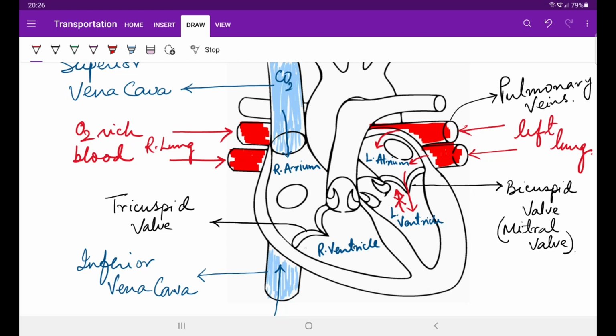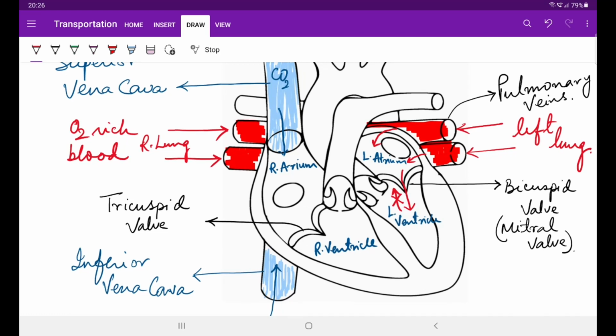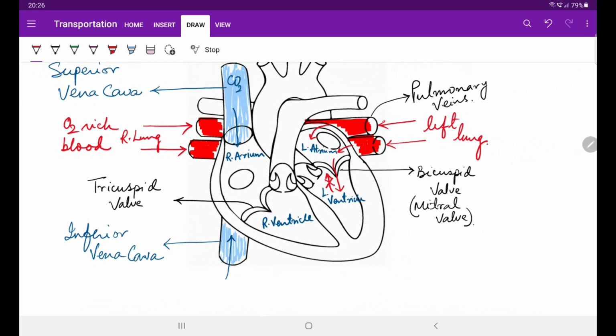Thus, these valves are also pointed into the ventricles, just to prevent the backflow of the blood. So we can quickly write here that it prevents the backflow of the blood into the atrium.